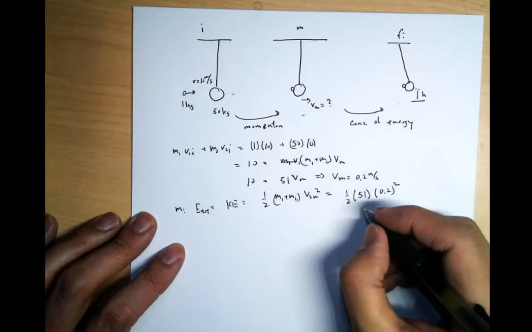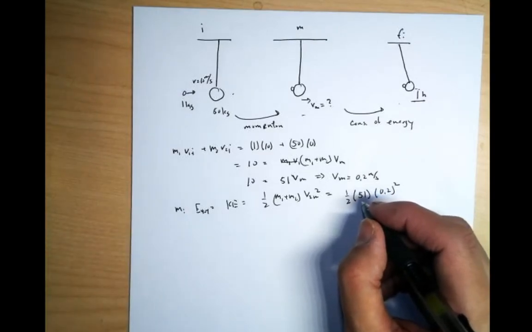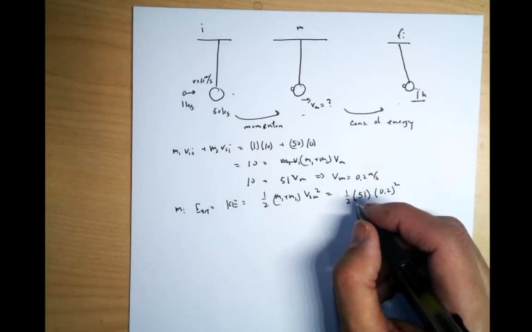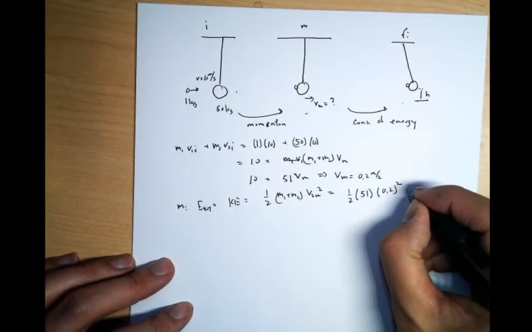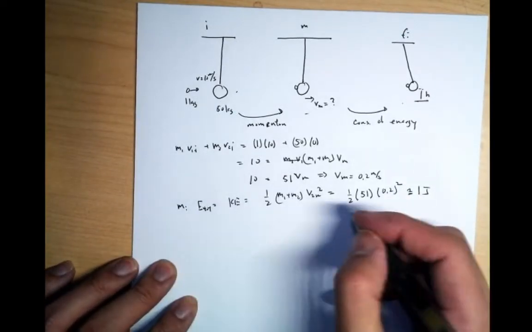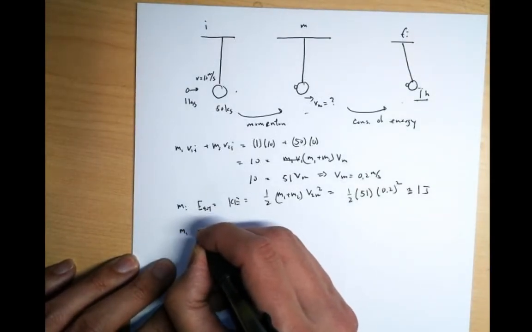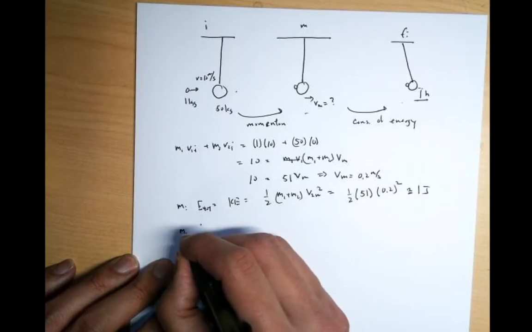If you work this all out, it's roughly about 1 joule, is that right? Yeah, that's right. This is about 1. Okay. So the mechanical energy in the middle state is 1 joule.